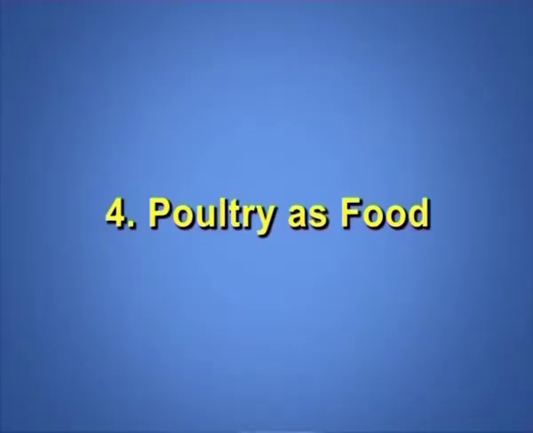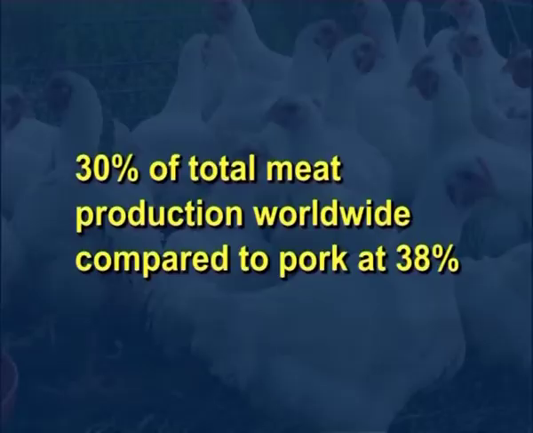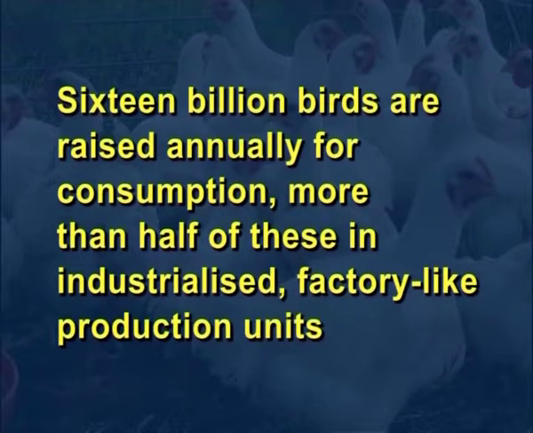Let us discuss poultry as food. Poultry is the second most widely eaten type of meat in the world, accounting for about 30% of the total meat production worldwide compared to pork at 38%. 16 billion birds are raised annually for consumption, more than half of these in industrialized, factory-like production units.